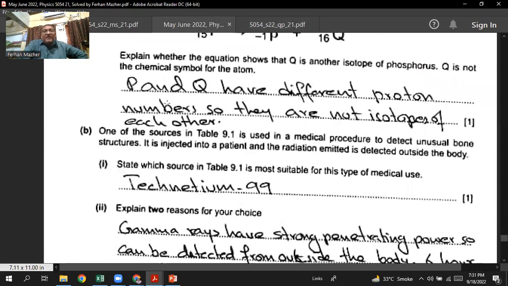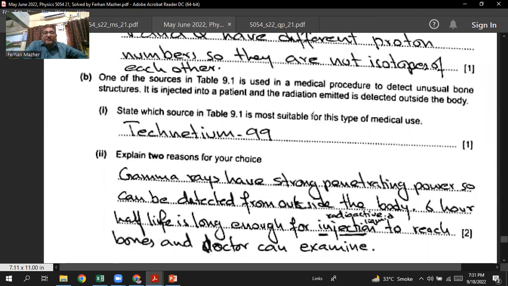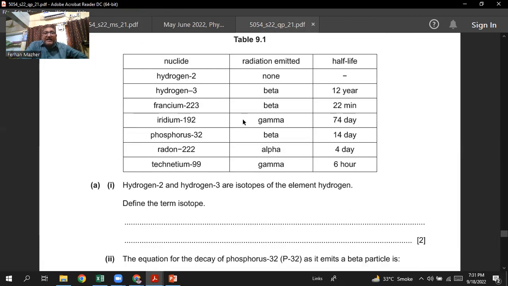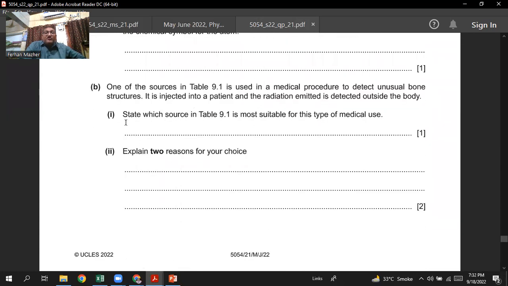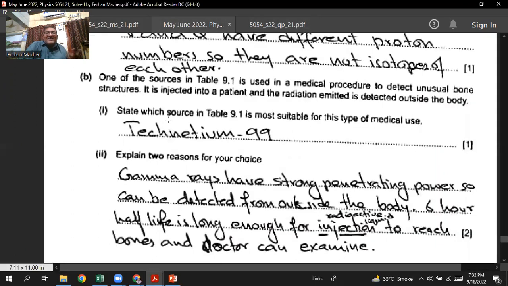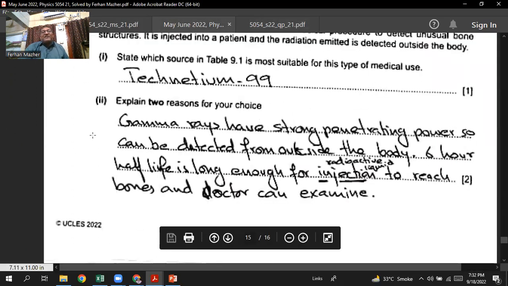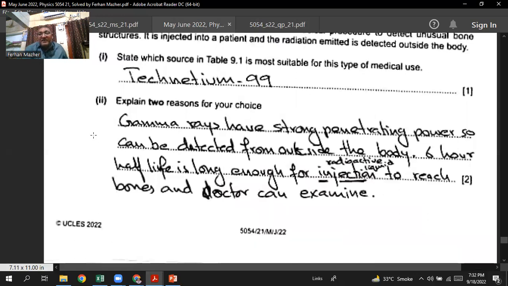Okay, so: state which source in the table is most suitable. Technetium-99. Then his question is, explain two reasons for your choice. I have already discussed the reasons. Gamma rays have strong penetrating power, so they can be detected from outside the body.